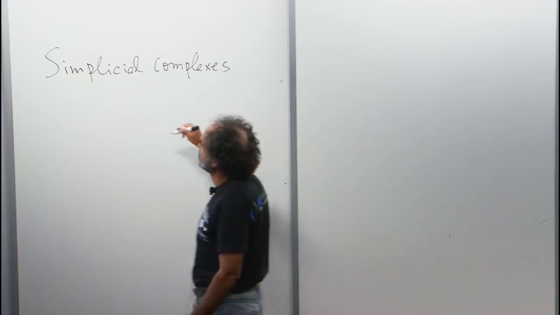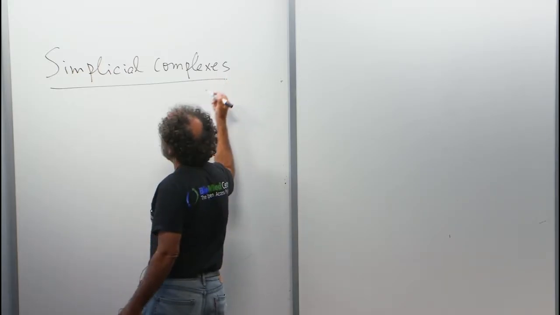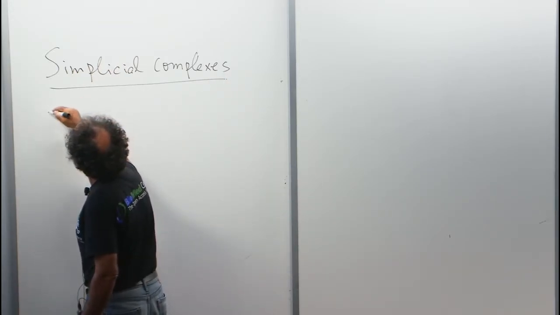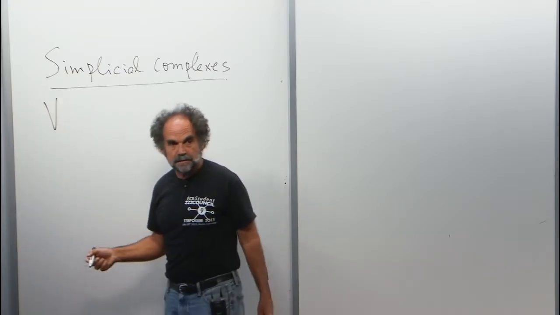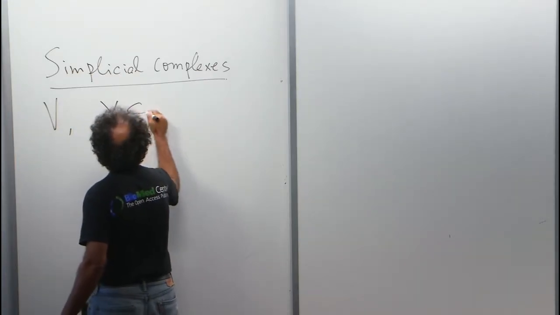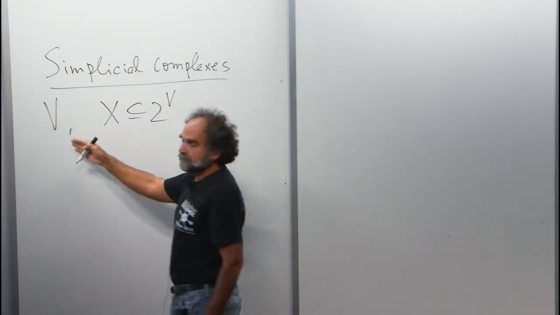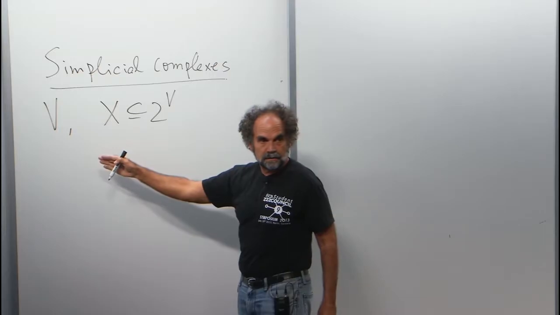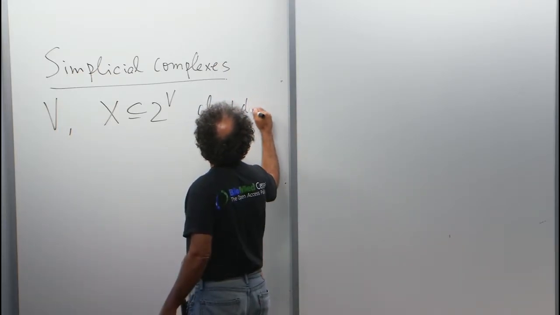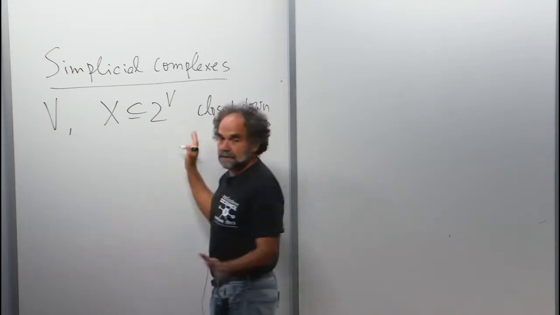We will be speaking completely combinatorially. So a simplicial complex, everything is finite. It has a set of vertices V, as usual, and X is just a collection of subsets of V, which is closed downward. That's it. That's the whole definition.